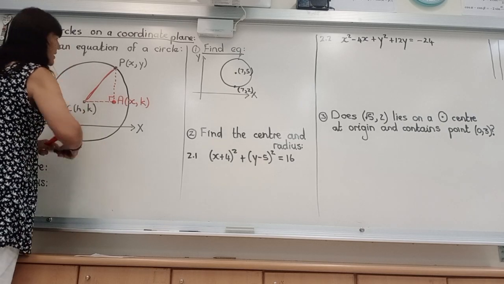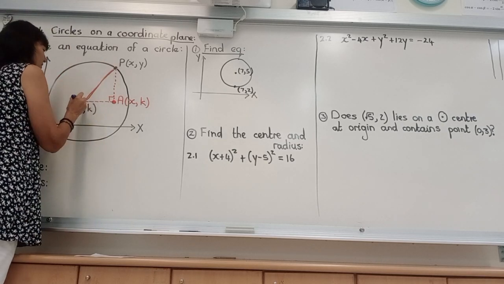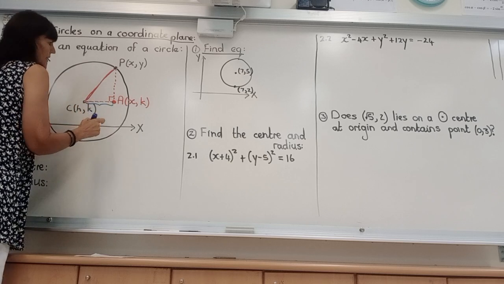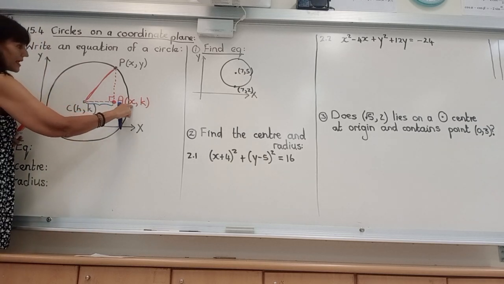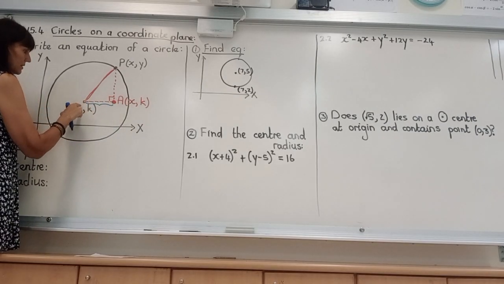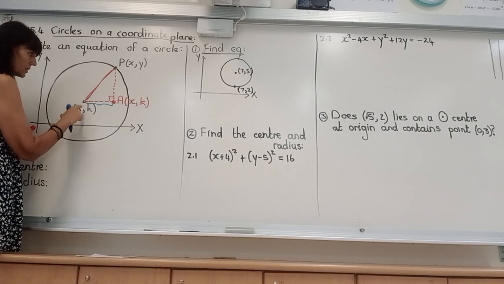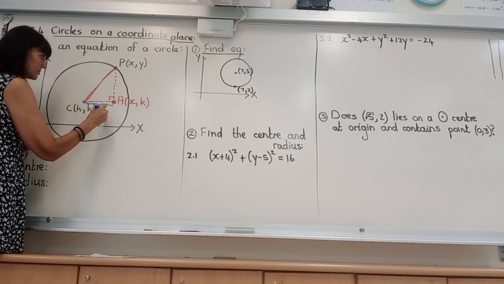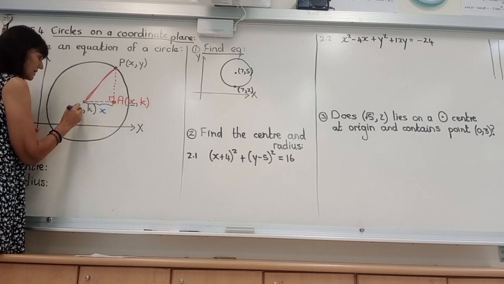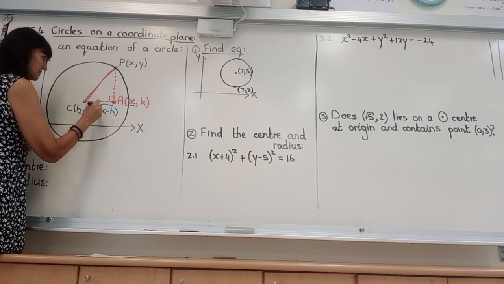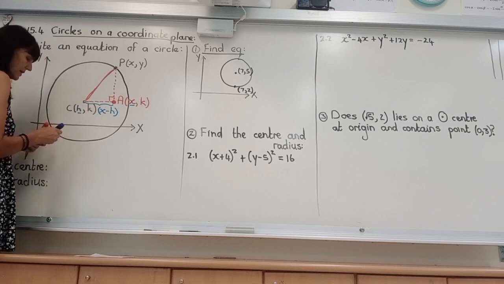Now we want to write down how long is, let's start on this side, this distance. So it is this x coordinate subtracting this x coordinate. So the distance that we have here will be x, which is that one, subtracting h. We have this distance x minus h.